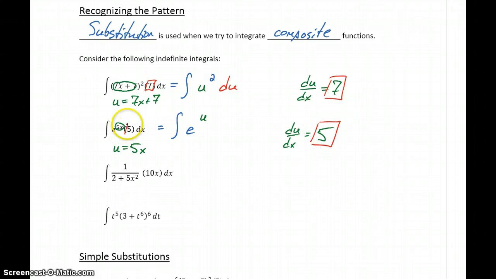So that 5 is going to be able to get swapped out, since we have the derivative of this statement being 5. So we're going to be able to write this as the integral of e to the u du. Each time, notice what we're ending up with is something that's much simpler to integrate. This original expression, in each case, is fairly complicated, but what we're doing is rewriting a new expression that follows one of our simple integral patterns.